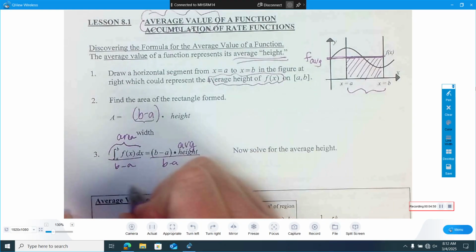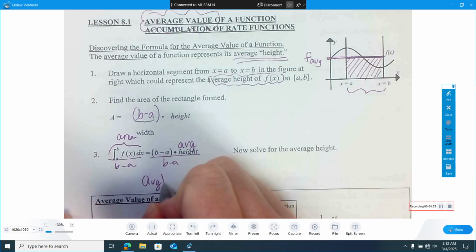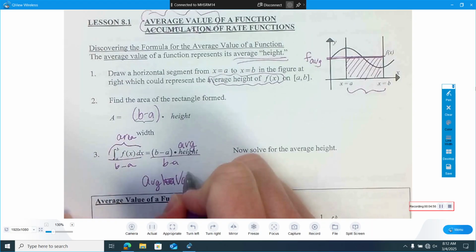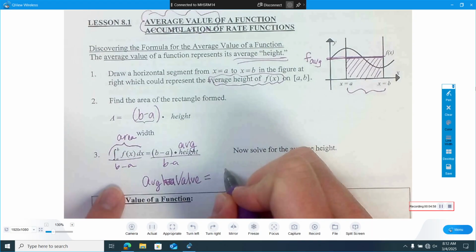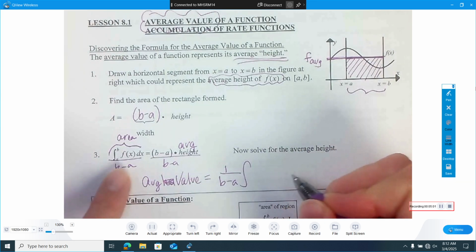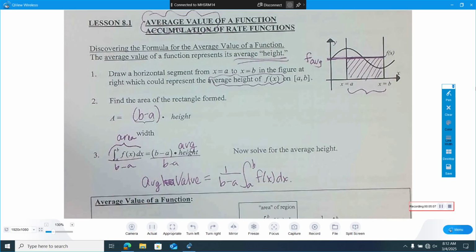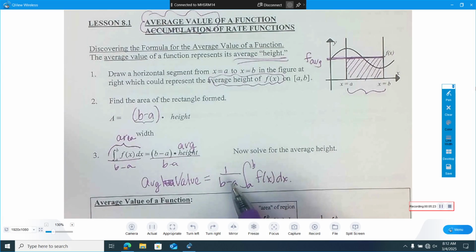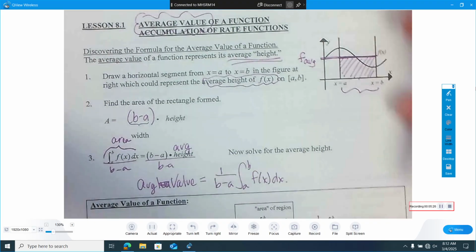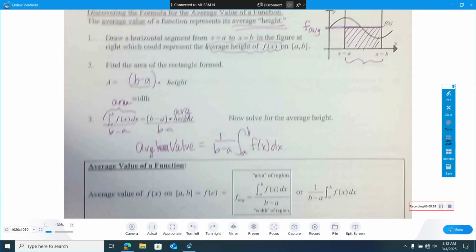So I like to write it as the average value of our function is 1 over b minus a times the integral from a to b of f of x dx. So anytime we're asking what's the average value of a function, all it is is the integral with that 1 over b minus a on there. That gets us sort of the average of those function values, which is kind of nice.